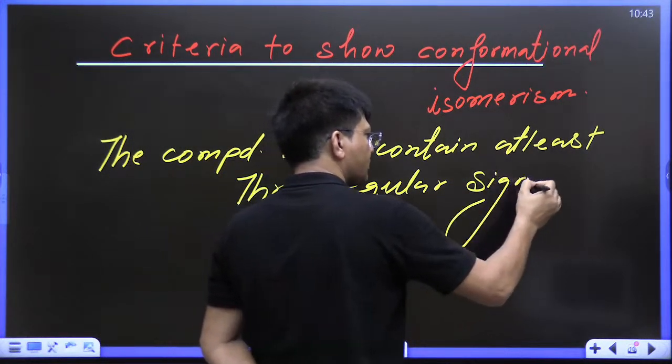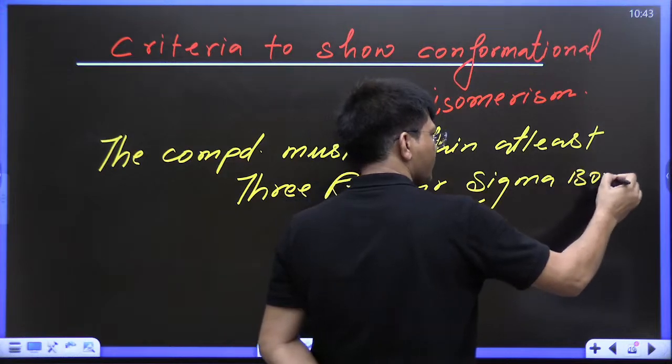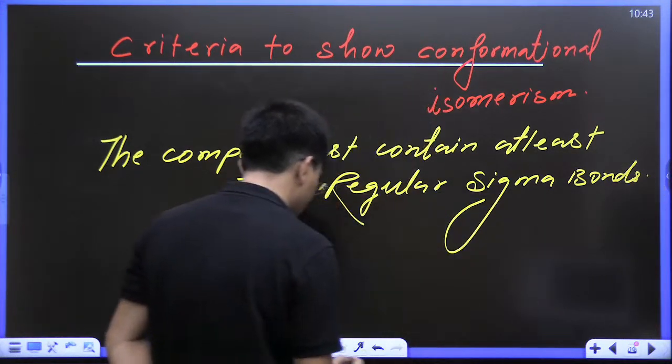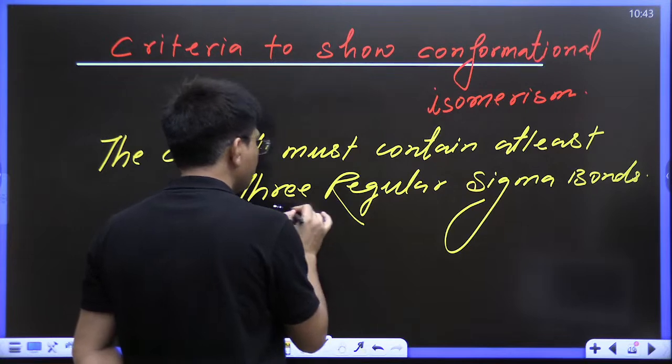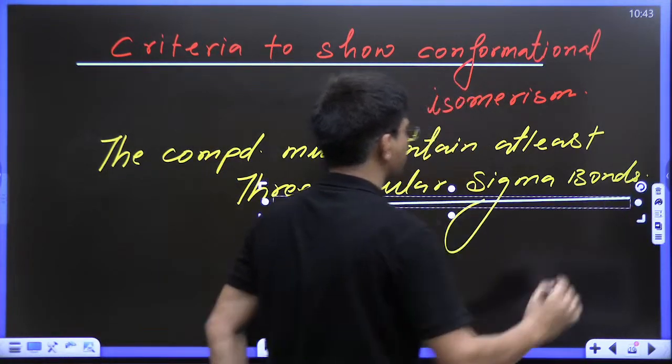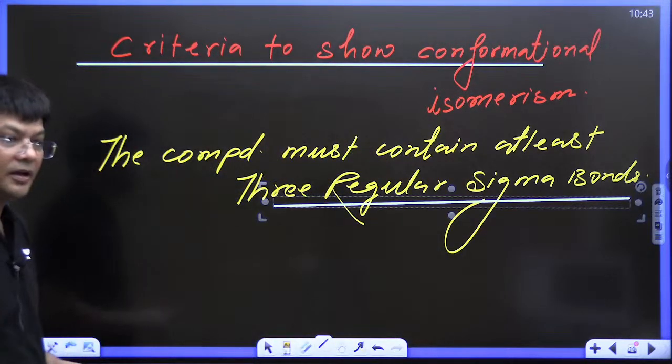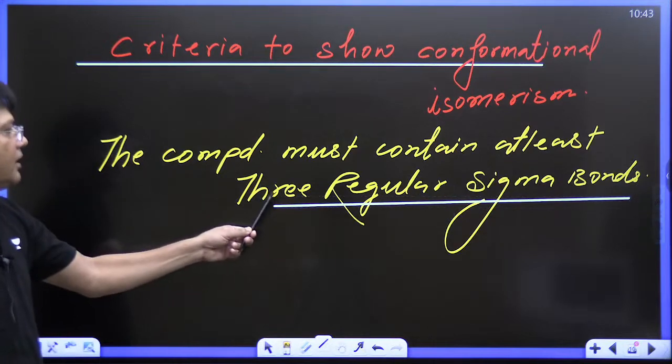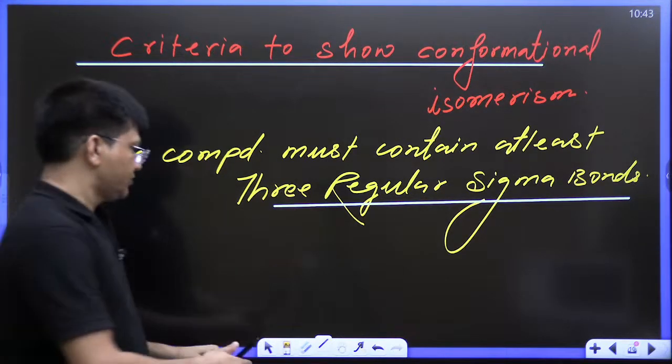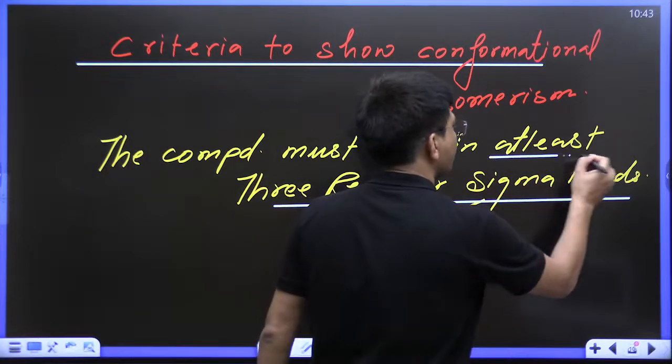Three regular sigma bonds. What do you mean by these three regular sigma bonds, kids? This is really a very important thing, that the compound should contain at least three regular sigma bonds.